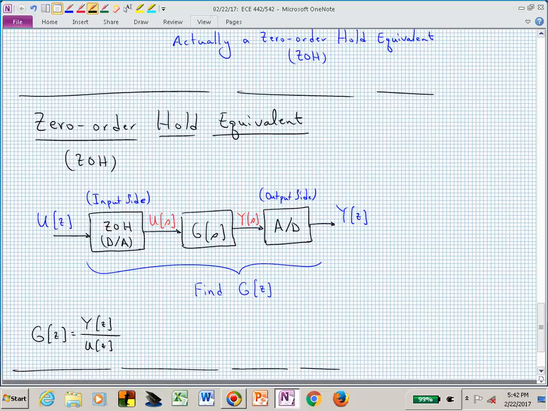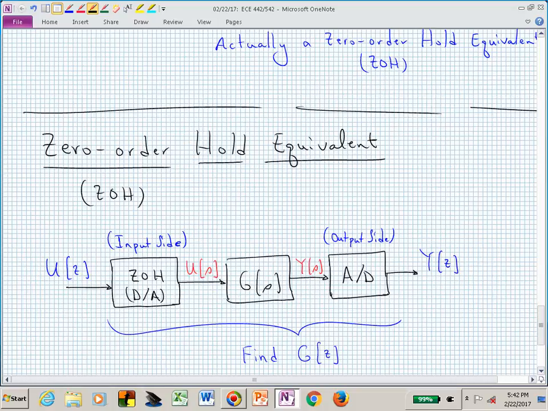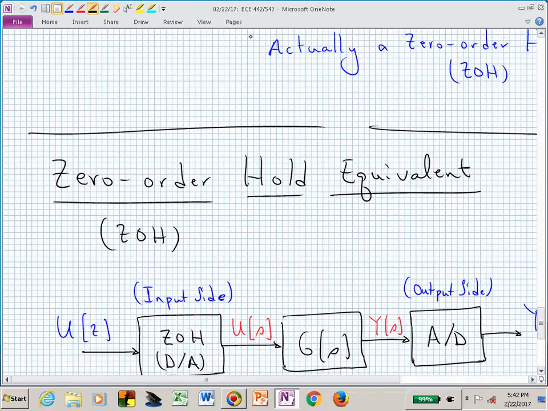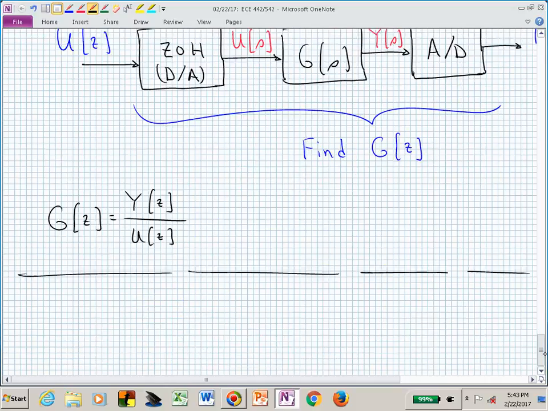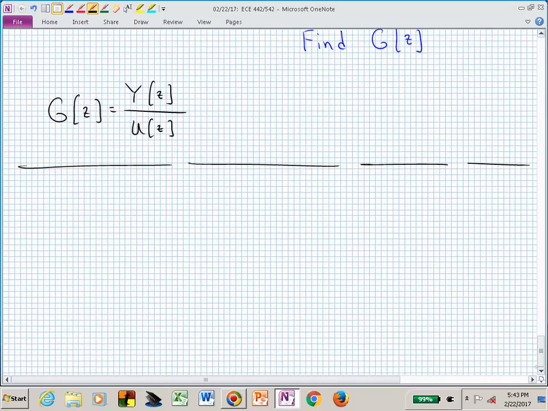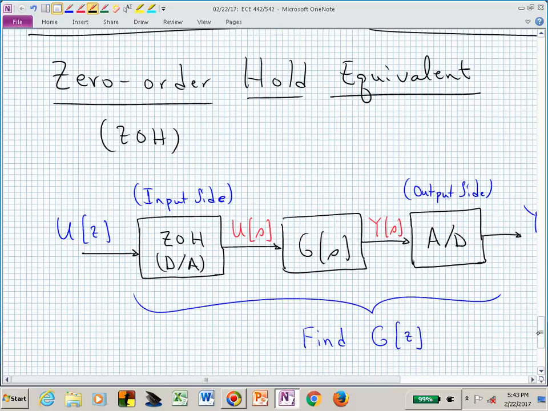Now we can go down and start to derive what we want to do relative to finding G of Z. The first thing that we are going to do is look at the two different sides of G of S. G of S we're assuming we can find.